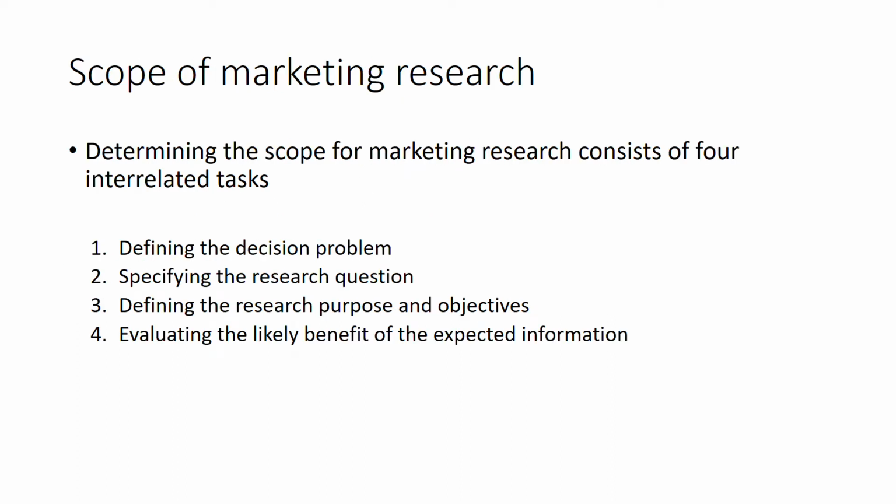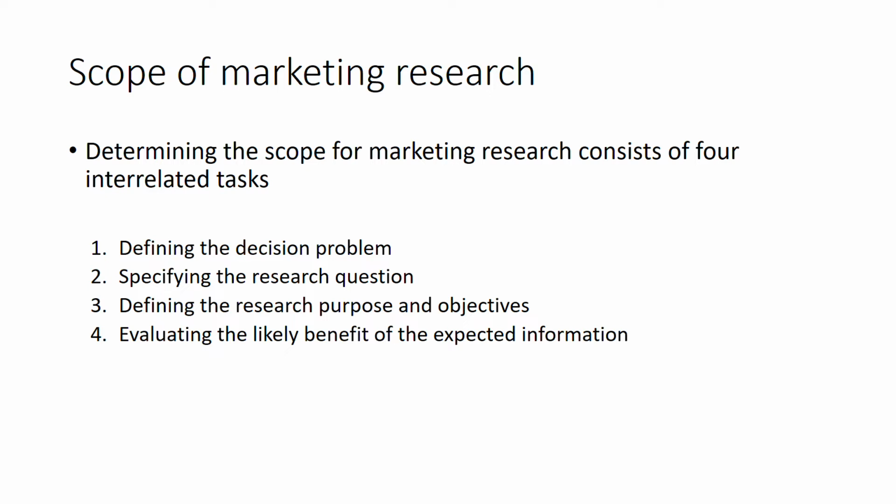So in scoping the marketing research, we have 4 tasks to do. It is define the decision problem, specify the research questions, and define the research purpose and objective. So why are we doing this? Coca-Cola's reason for doing the research was to try and waylay or reverse a decline in market share.